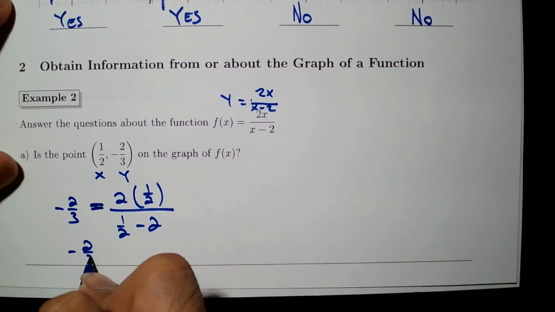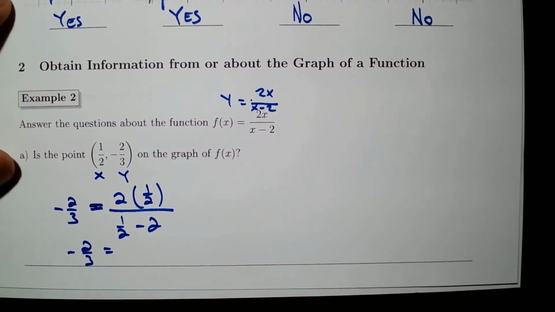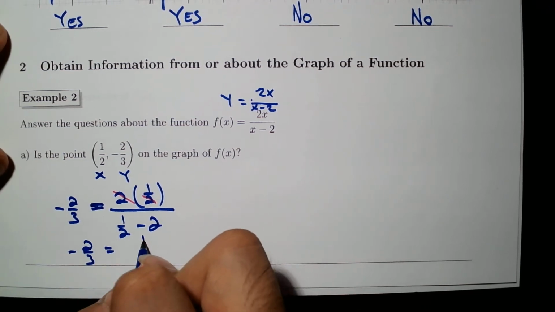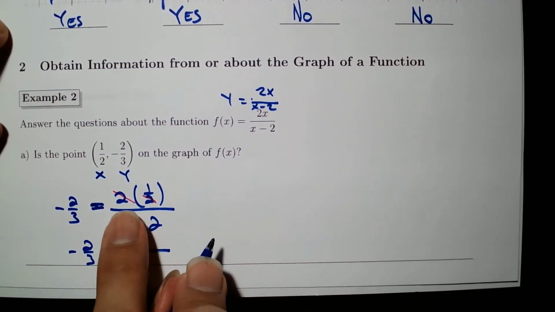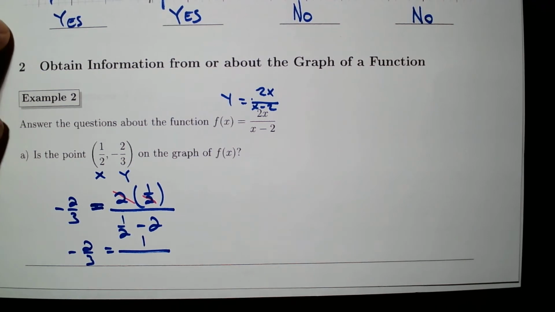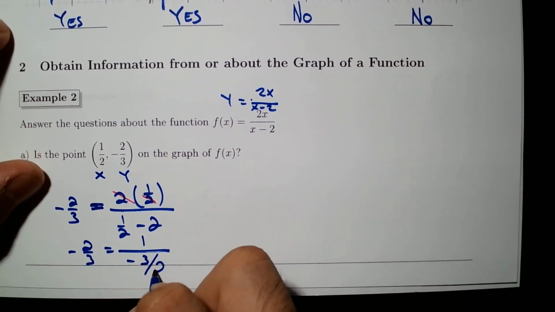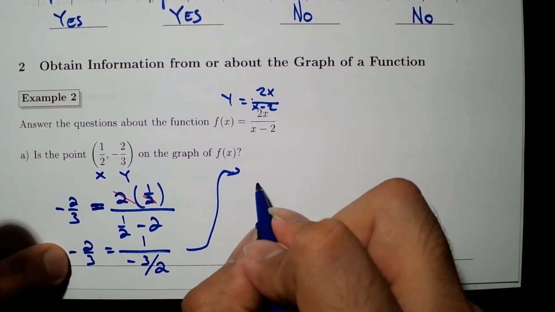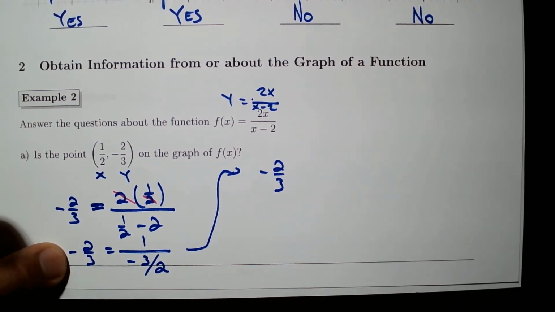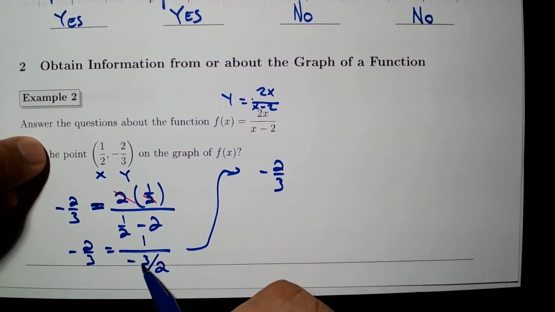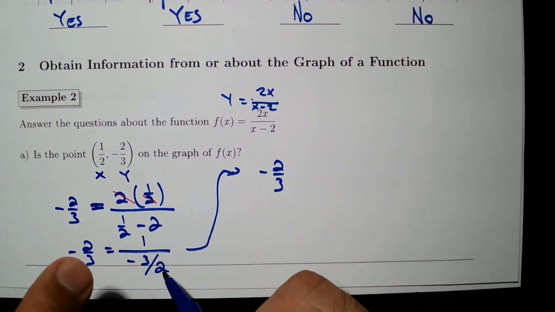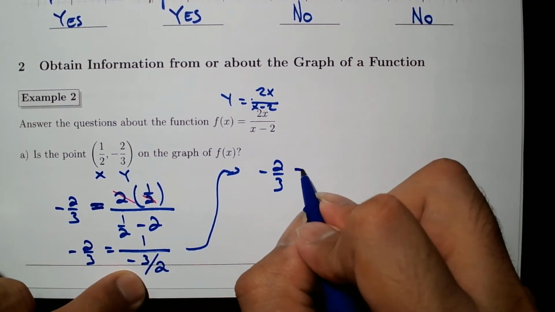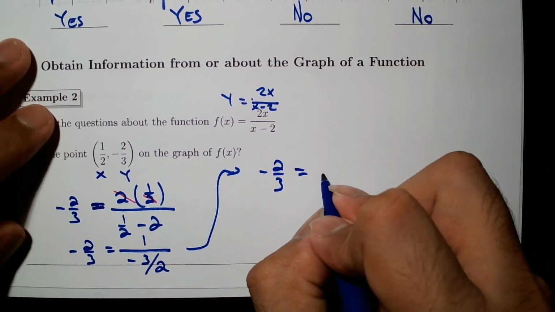So -2/3 equals, well, in this case, 2 times 1/2, the 2's cancel, we get a 1 in the numerator, and 1/2 minus 2 is going to give us -3/2. So from here, I'm going to have -2/3 still on the left hand side, but on the right I have 1 over -3/2, which is 1 over a fraction, and dividing by a fraction is the same as multiplying by the reciprocal.